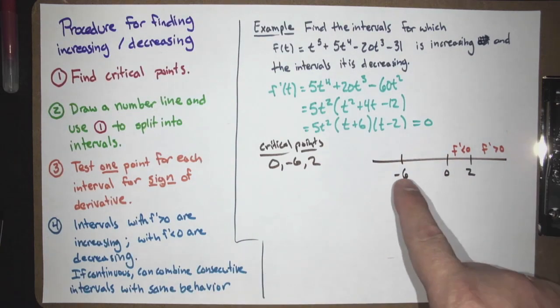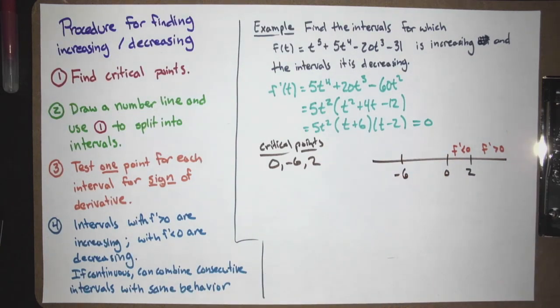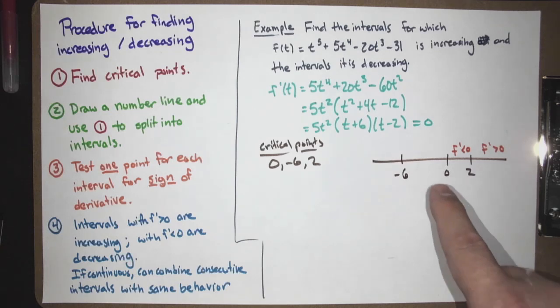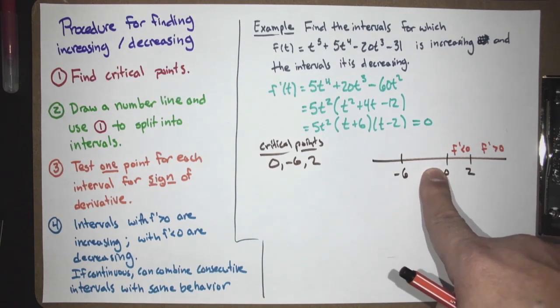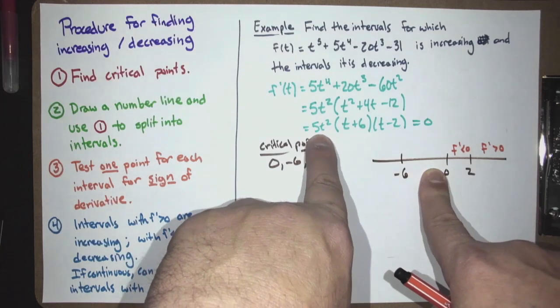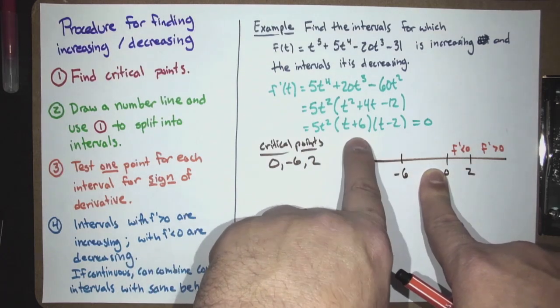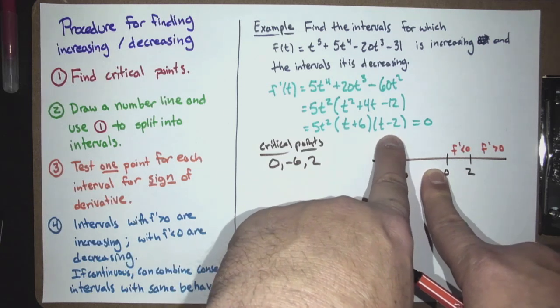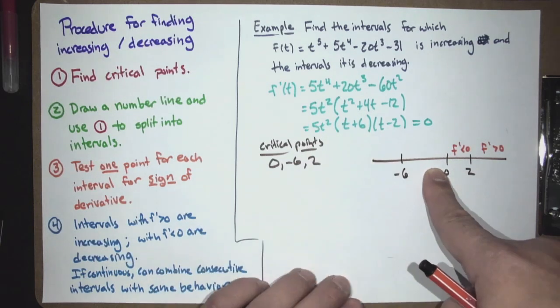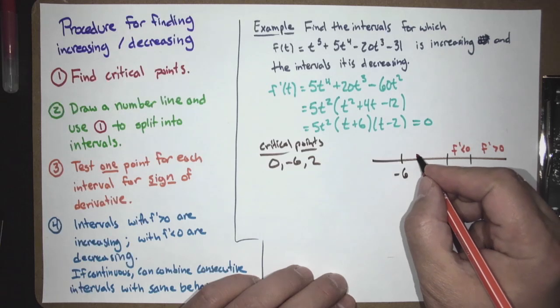How about between -6 and 0? -1 sounds pretty reasonable. The first term is positive, because you're squaring. Here, t plus 6 is positive, t minus 2 is negative. All together, positive, positive, negative, we get negative.